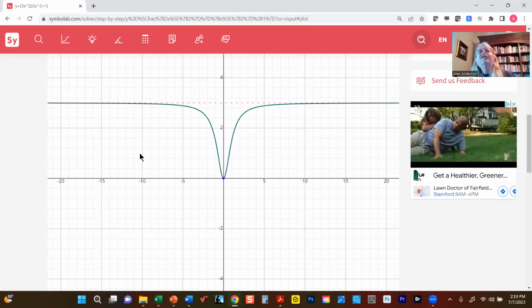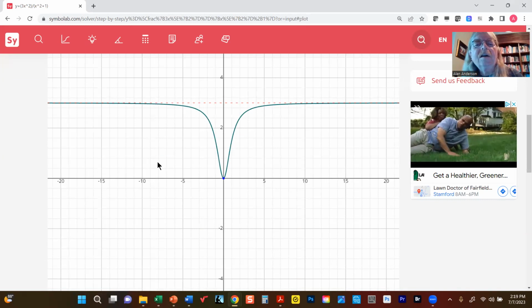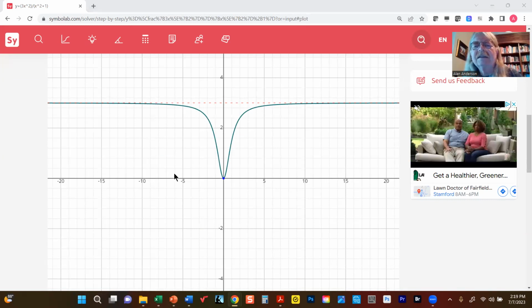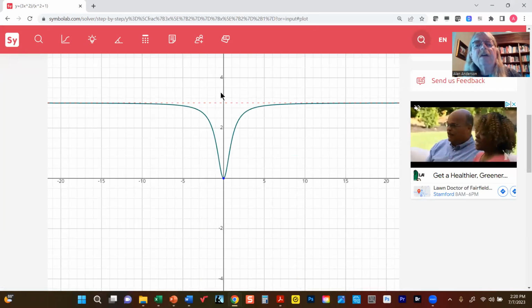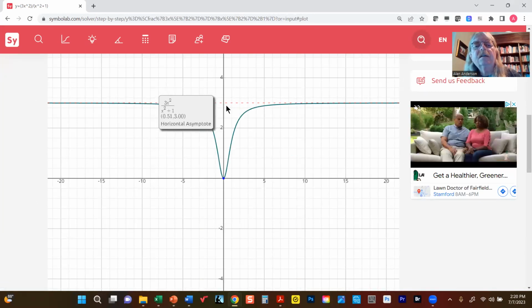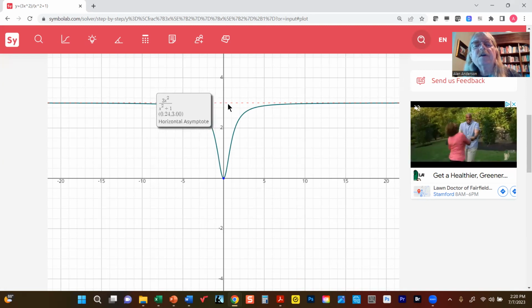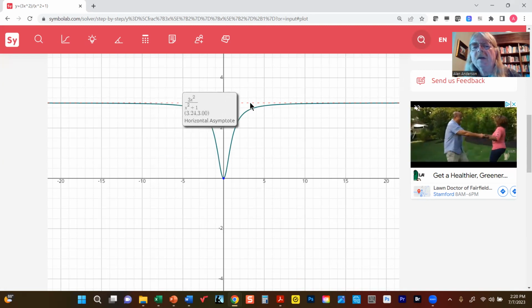Oh, we already had it. I forgot, we drew this thing. Okay, well, you can't tell by looking at this. Well, actually, you can. This dashed line, oh, there it is. The asymptote is y equals 3.